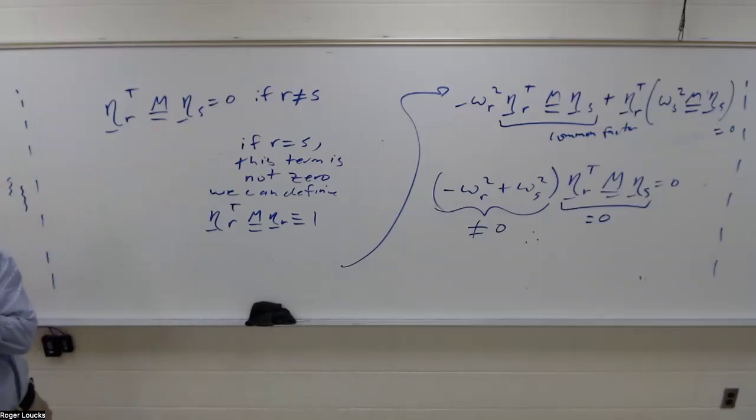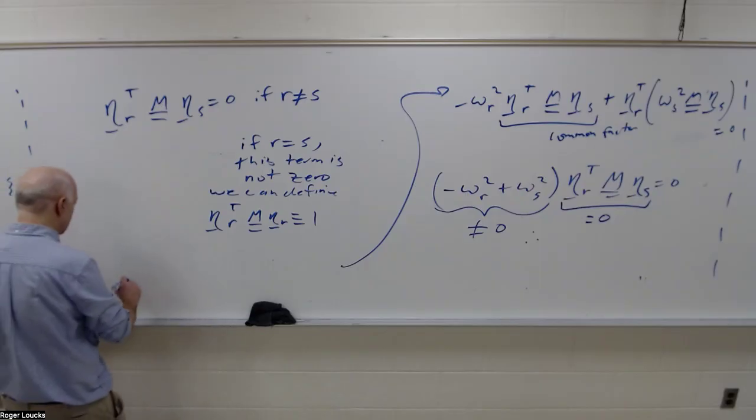You don't have to, but we could. Then is there a way of putting these two conditions together? It's 0 if R doesn't equal S, and it's 1 if R equals S. That's our buddy, the Kronecker delta.